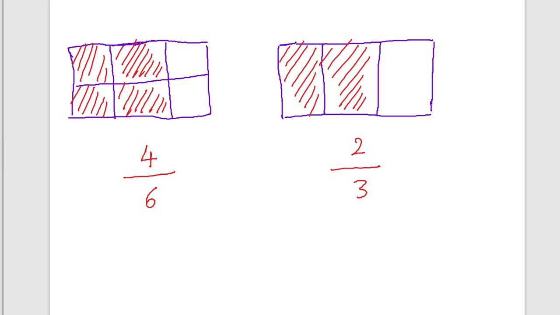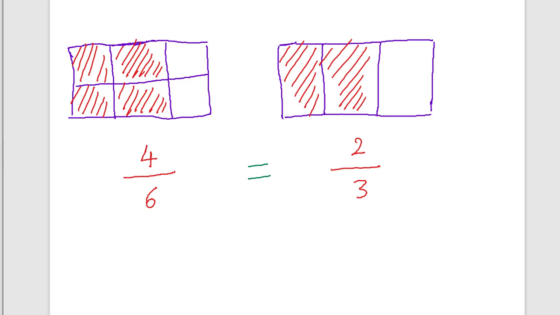So again, my heroes, when they are equal, we call them equivalent fractions. When they are equivalent, when they represent the same parts of the whole. Simply when you can see the same shaded area in two models. The two models are exactly the same and the same shaded area.